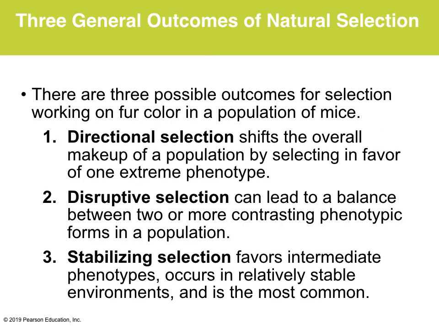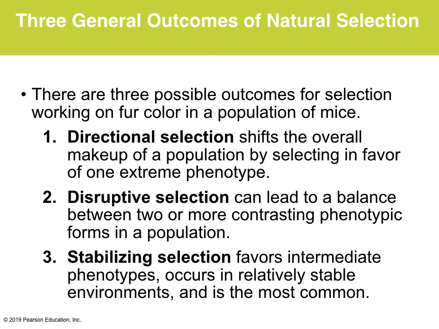One is directional selection, and that shifts the overall curve, the overall makeup of a population, by selecting in favor of one extreme phenotype, so more to one side or the other. Second is disruptive selection, and that can lead to a balance between two or more contrasting phenotypes in a population. So instead of the whole curve moving to one side or the other, you basically put a dent in the curve, right?